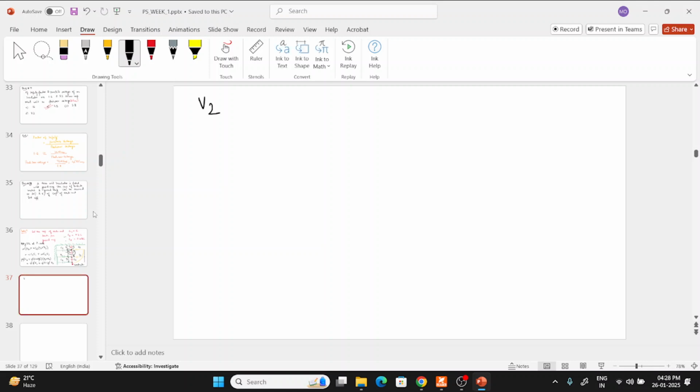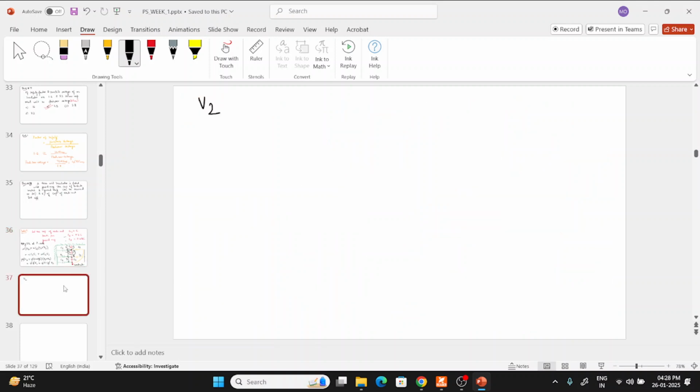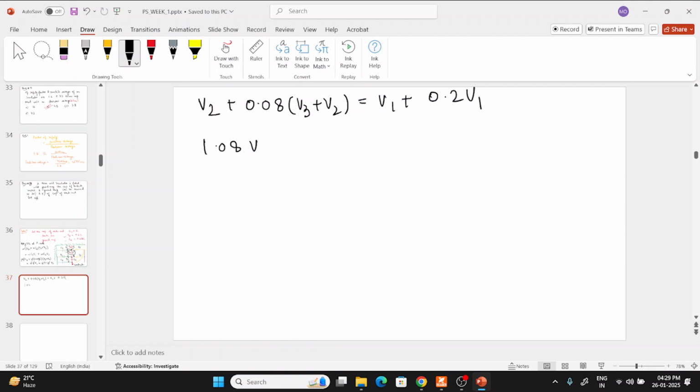V2 plus 0.08 V3 plus V2 will be equal to V1 plus 0.2 V1. And if we arrange this, you can clearly see it is very simple.